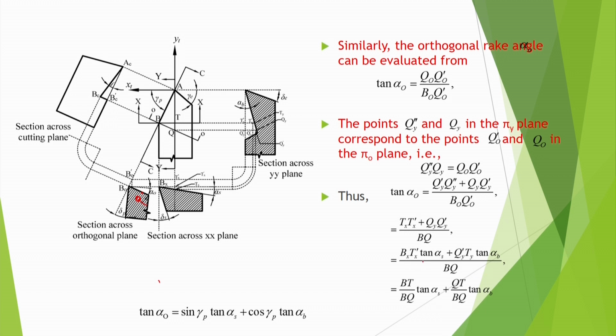Now Bx Tx prime is the same as Bt, and Q prime y and Ty in this view, the YY plane, is the same as Qt. Therefore you get Bt by BQ tan alpha S plus Qt by BQ is equal to tan alpha B.